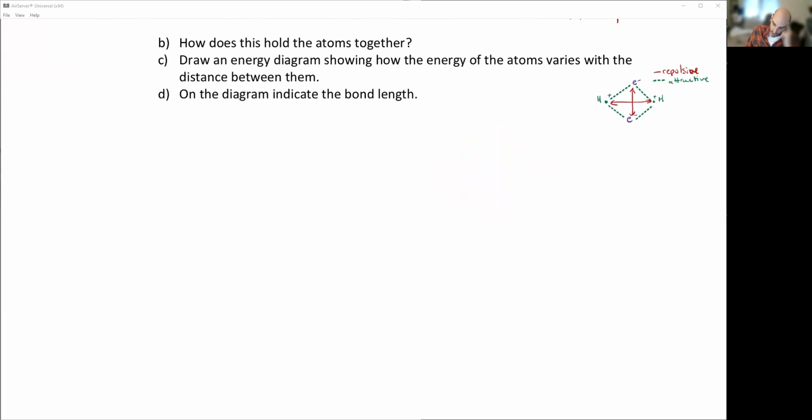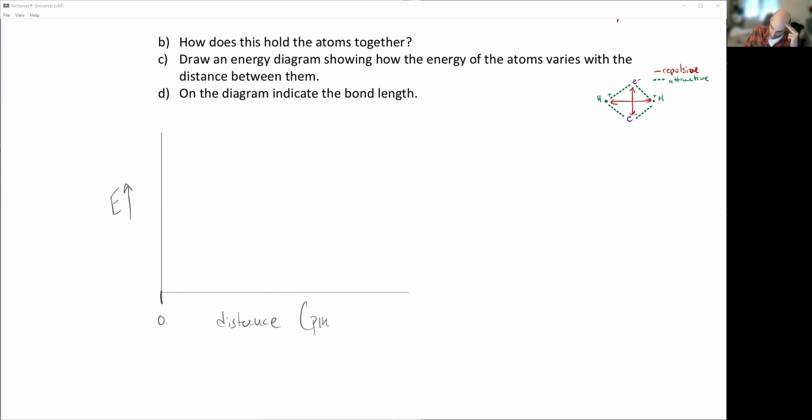So the energy diagram that I'm interested in talking about, if I have energy on the y-axis, and distance, the distance between nuclei, let's say in picometers, on the x-axis. So distance of nuclear separation. We're going to run into the situation where we have this little trough, and then it kind of evens out.